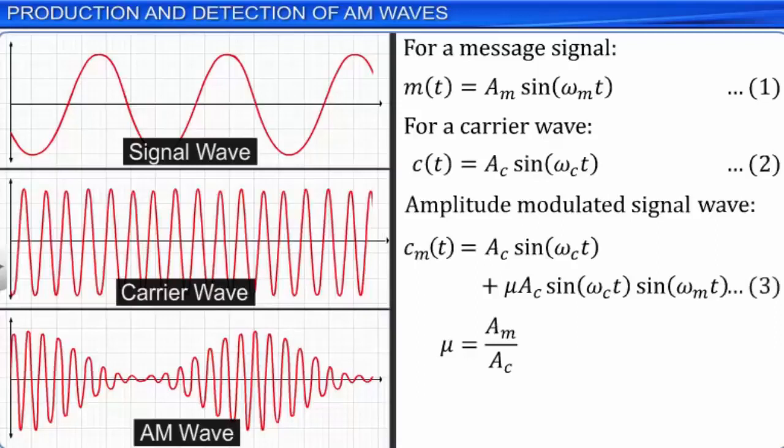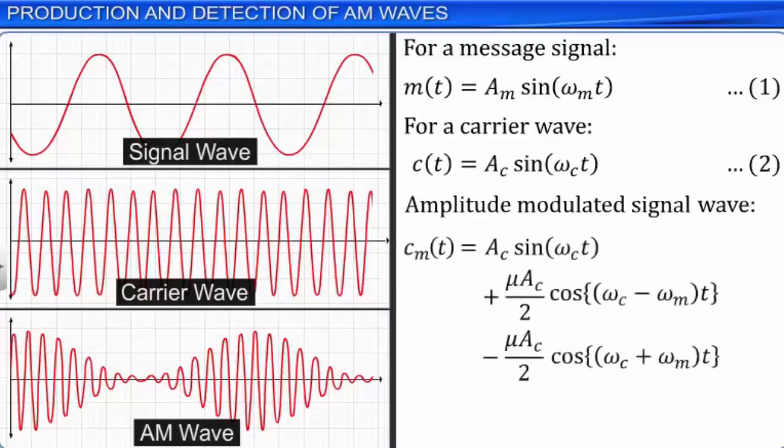This equation is further modified to get cm(t) = Ac sin ωc t + half of μ Ac cos (ωc − ωm)t − half of μ Ac cos (ωc + ωm)t, which you have learnt earlier. Let this be equation 4.